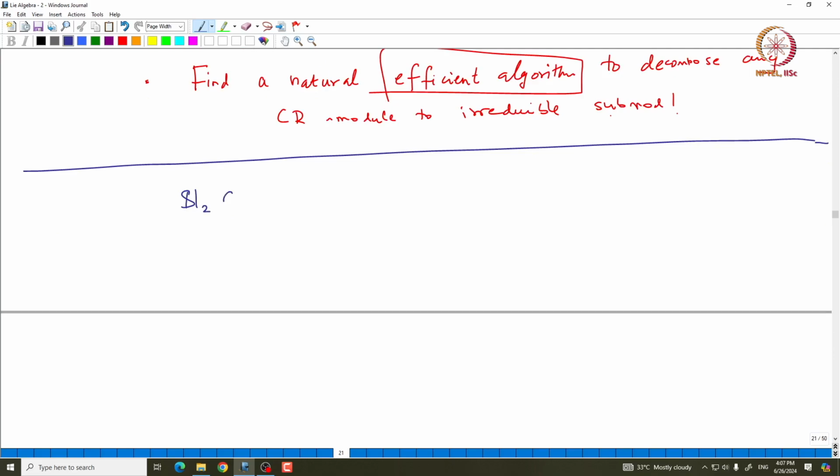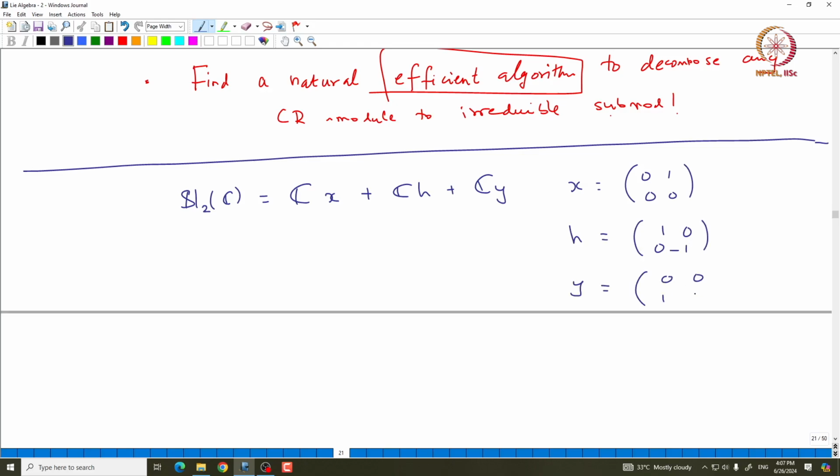Recall that SL2 of C consists of the traceless matrices, spanned by X, H and Y, where X is the upper triangular matrix 0, 1, 0, 0, H is the diagonal matrix with 1, minus 1 on the diagonal, and Y is the lower triangular matrix 0, 0, 1, 0. We have this commutator table: the bracket [x,y] is h, the bracket [h,x] is 2x, and the bracket [h,y] is minus 2y.